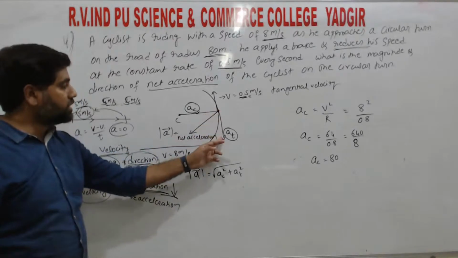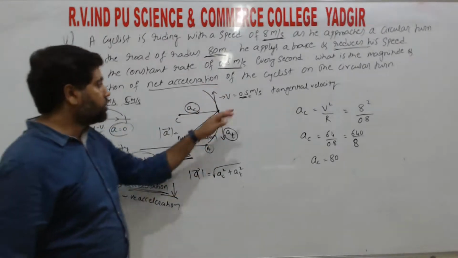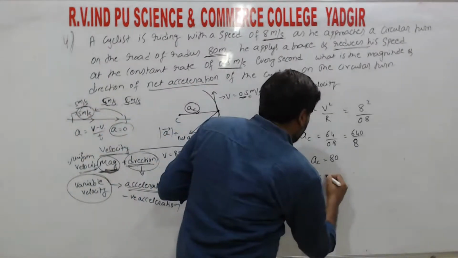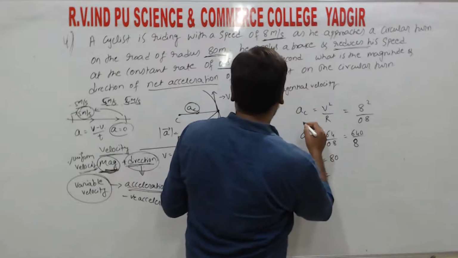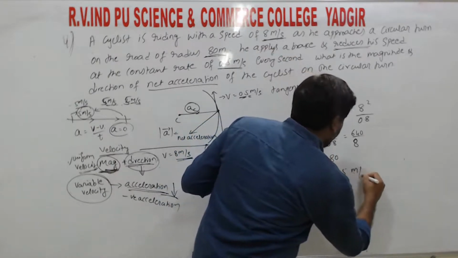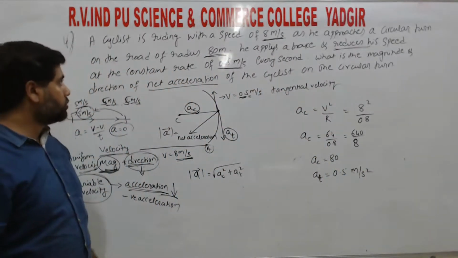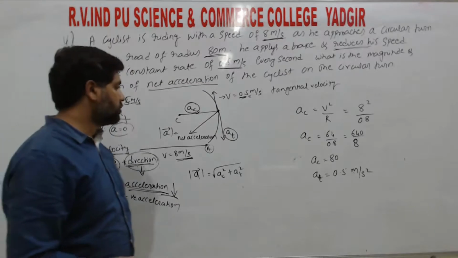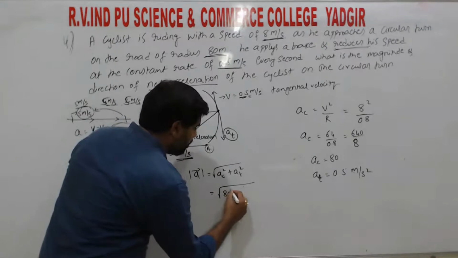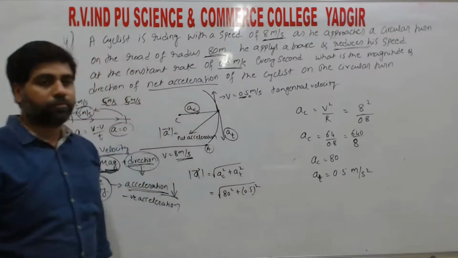That means the tangential acceleration is opposite to that of the velocity. The direction changes while the magnitude remains the same, so the acceleration at is equal to 0.5 meter per second square. So substitute here: square root of 80 square plus 0.5 whole square.